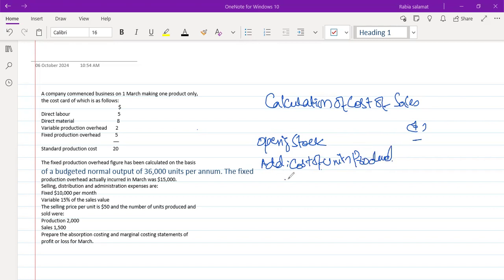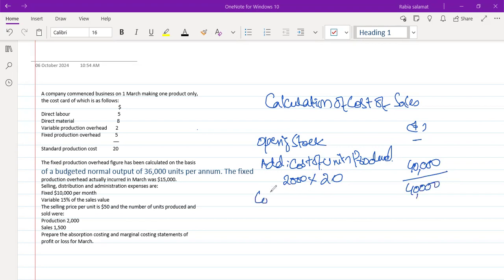We produce 2,000 units and the cost of 1 unit is 20. We will get 40,000. This is the cost of units to be sold.